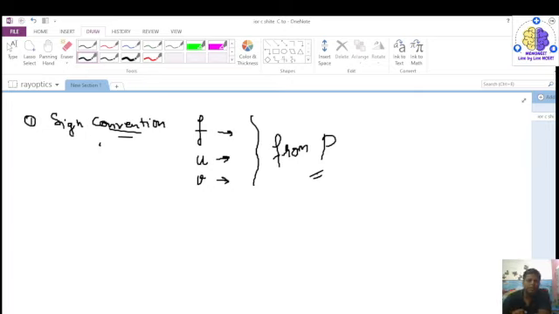Now, when the distance is measured from P, if you are moving in the direction of the incident ray, the distance will be taken as positive, and if you are moving in the direction opposite to the incident ray, the distance will be taken as negative. I repeat, while measuring the distance from P, moving in the direction of the incident ray gives a positive distance, and moving opposite to the direction of the incident ray gives a negative distance, right?